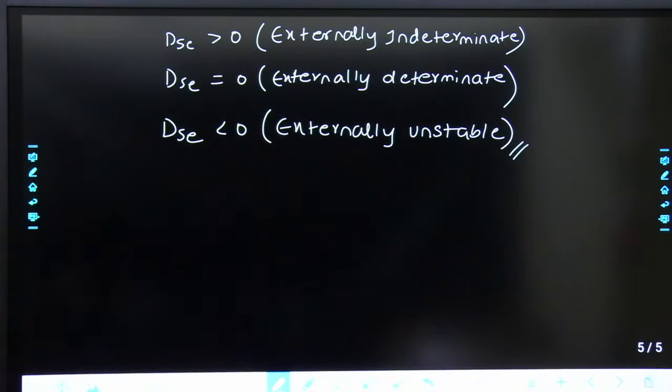Any more doubts up to this point? Fine, if you want to take the notes, you can take the notes over here, or you can watch the videos later, that is also okay with me.